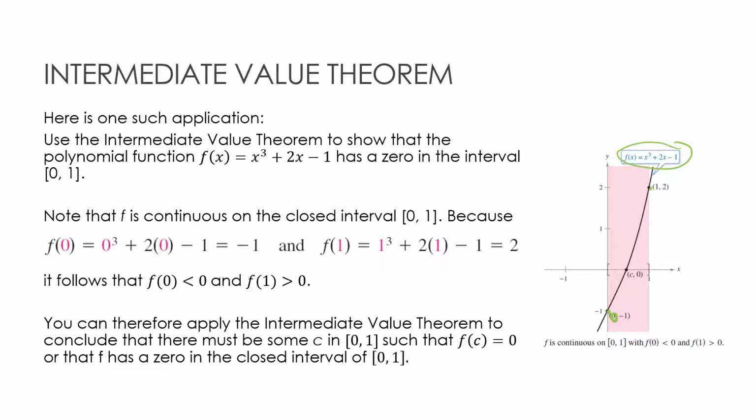And I can see that f of 0 is -1, f of 1 is 2, because this one is negative and this one is positive. Using the intermediate value theorem, it follows that at some point between 0 and 1, the function is going to have to cross the x-axis. There's going to be a 0 somewhere in the interval from 0 to 1.